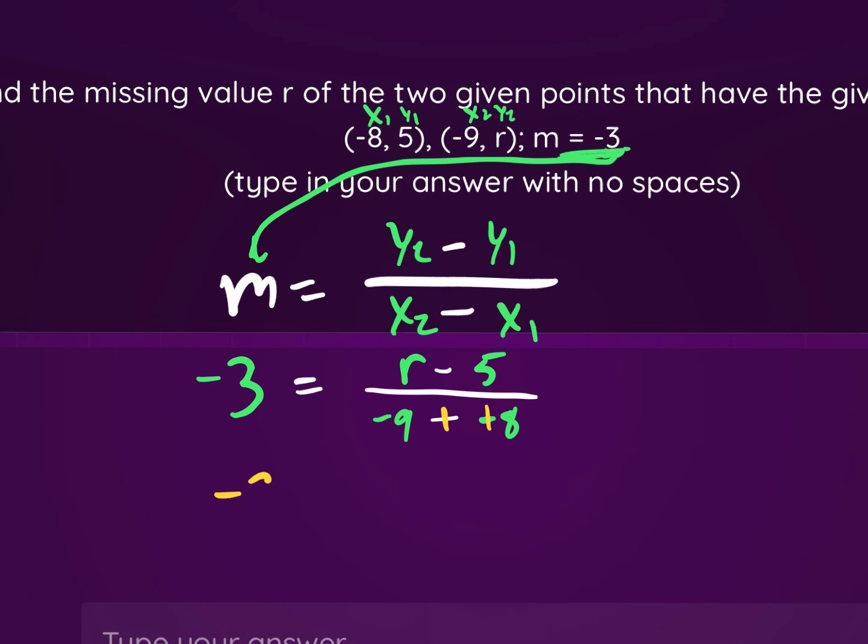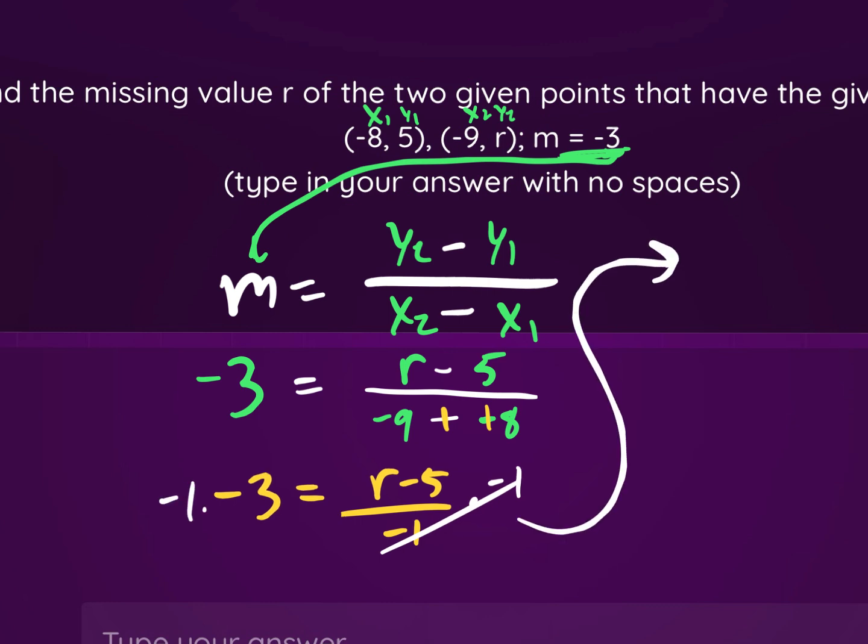This equation is going to read -3 equals r minus 5 over, what's -9 plus 8? -1. There you go. Now, you don't want a fraction, especially over -1. So how could you get rid of that division of -1? Yeah, by multiplying by -1. And what you do to one side, you do to the other side, multiply by -1. So now we're going to have a new equation.